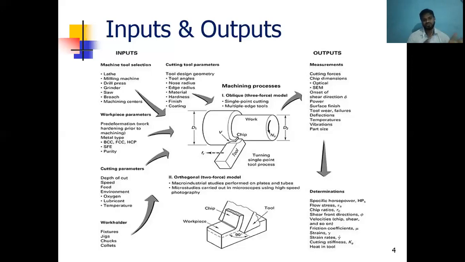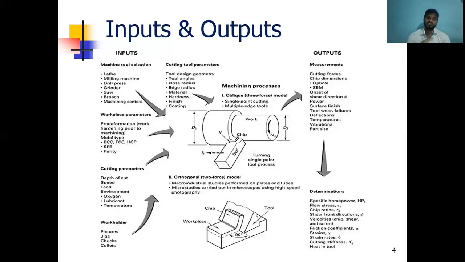These needs give the machining processes, right? So coming to the outputs: processes, measurements, cutting forces, cutting force measurement, chip dimension. What is the material coming out from a workpiece? That also has some dimensions, measured by optical, SEM.